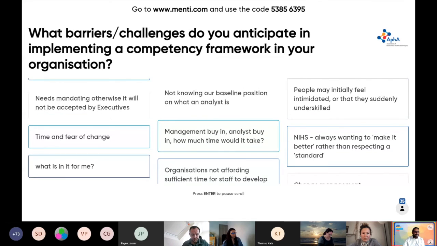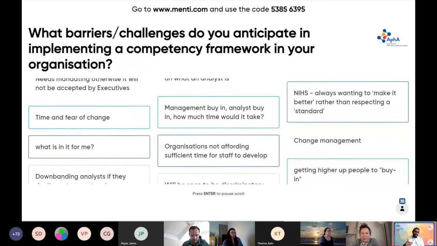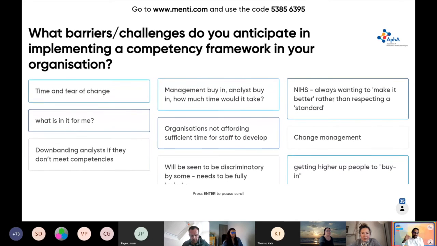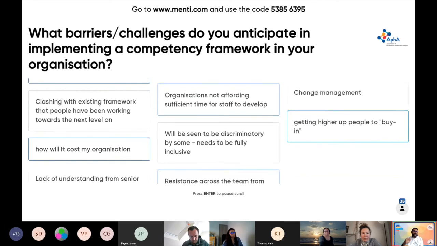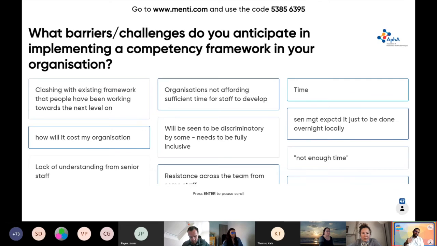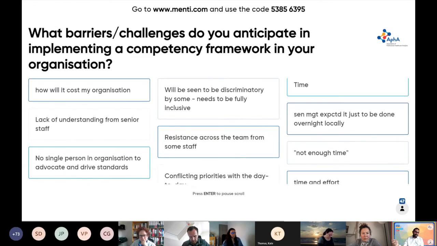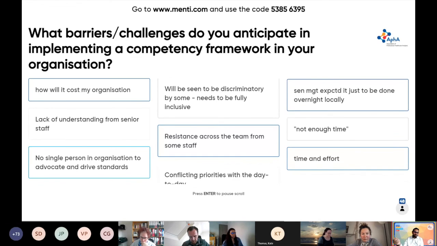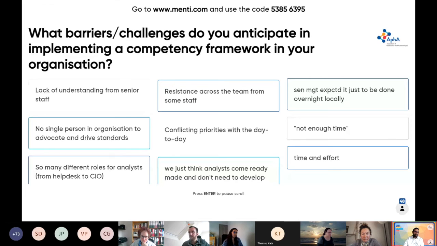That leads nicely on to the discussion we were having around analytical leadership, the chief analysts for the systems, for the organization. If that's not present, how can AphA, as a professional body working with NHSX, NHSC and I, get in touch with those organizations and push that message around usage of such a framework, or recognition for analysts as a whole?